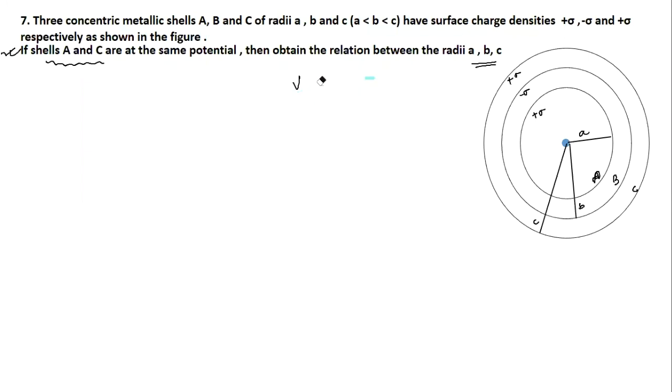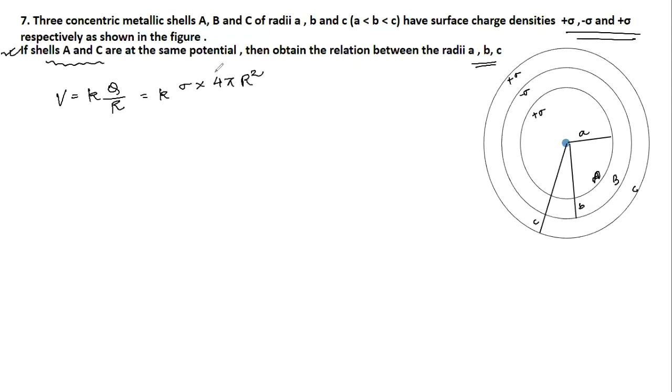Now, the electric potential due to a surface is KQ by capital R, where R is the radius of that sphere. But in this question, it is expressed in terms of charge densities, so we will express Q in terms of charge density. Charge density is multiplied by the surface area, 4 pi r square, the surface area of any sphere.